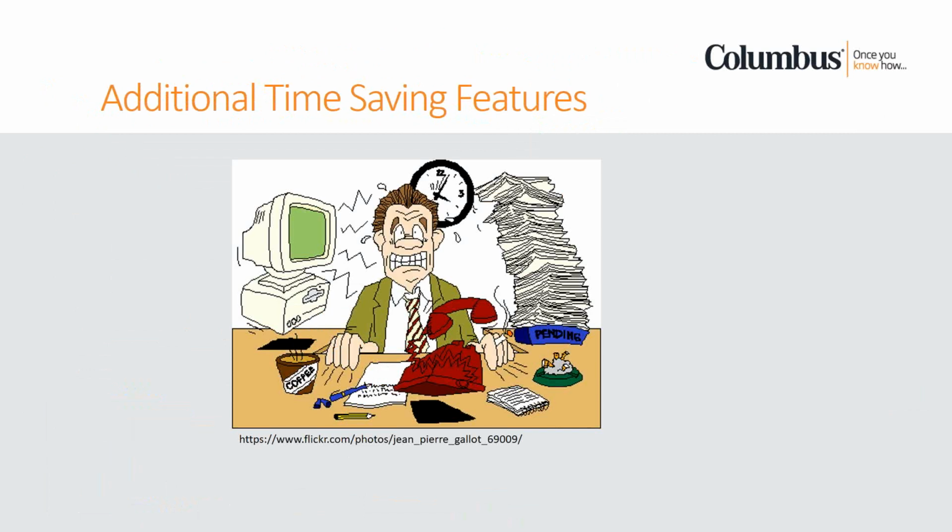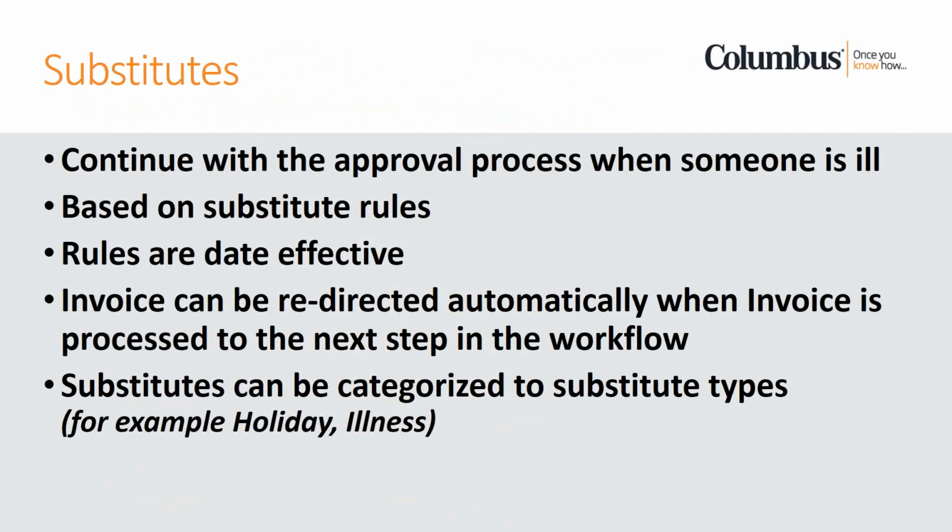I wanted to highlight just a few time-saving features that you get inside the workflow piece. You have the ability to create substitutes. So one of those highlights in those metrics, right, was paying on time to capture those discounts. Well, those discounts don't pause if someone goes on vacation or if someone is out sick. So by giving you the ability to do substitutes, you can live migrate that workflow.